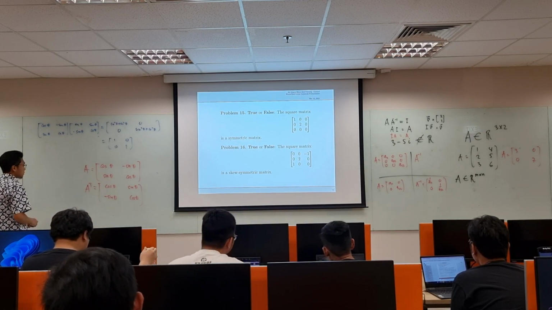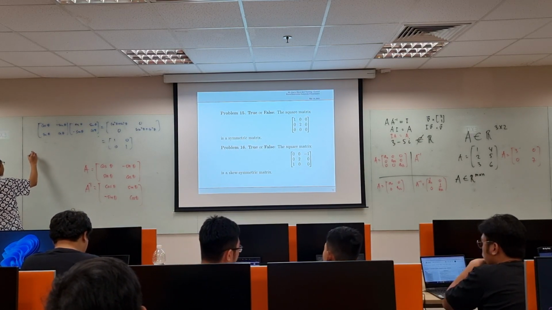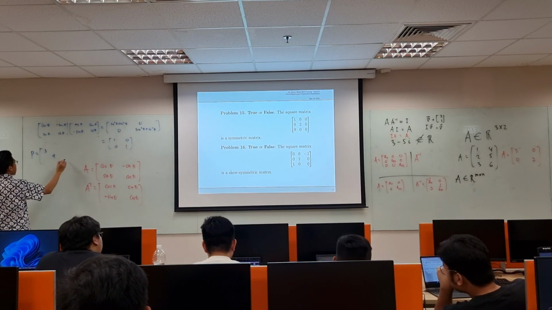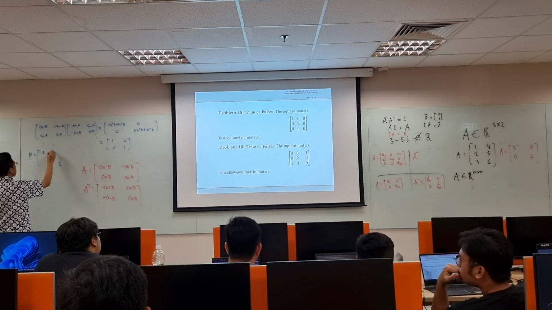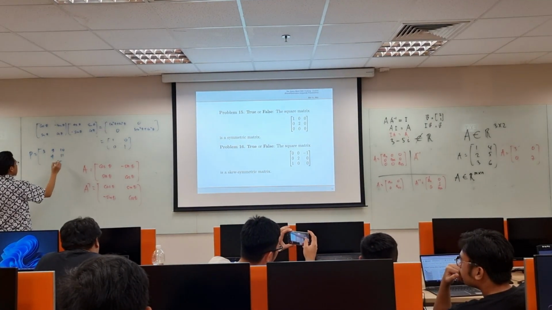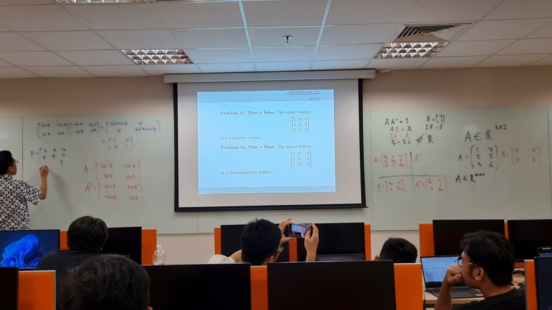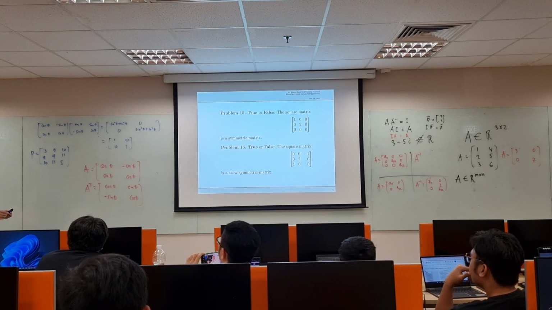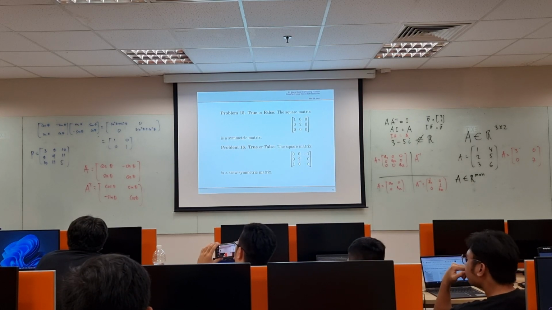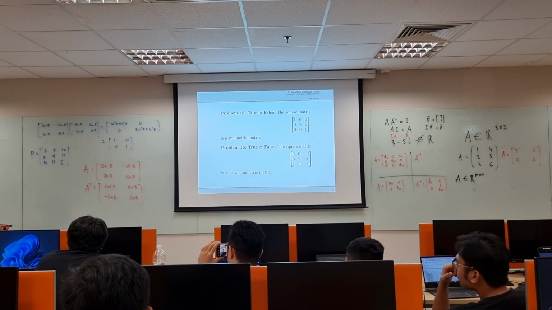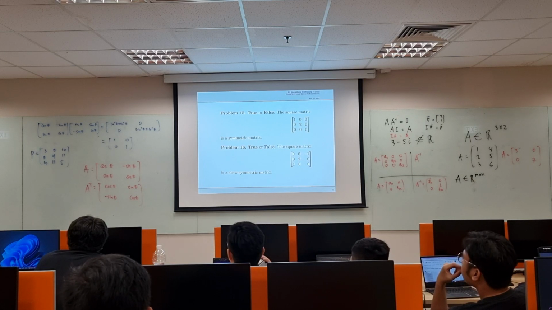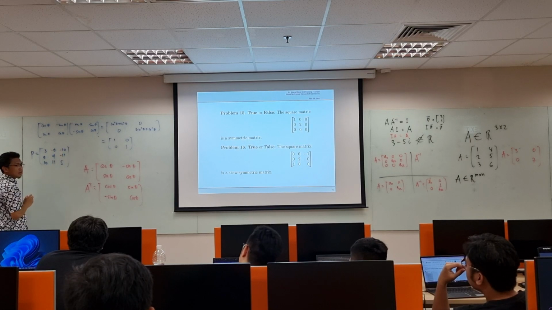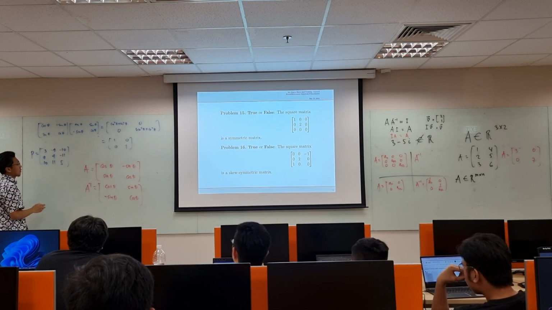So let's say if you have a matrix, is this symmetric? Yes. How do you make it skew symmetric? You swap the sign on one of them. So I put this minus there, it becomes skew symmetric.